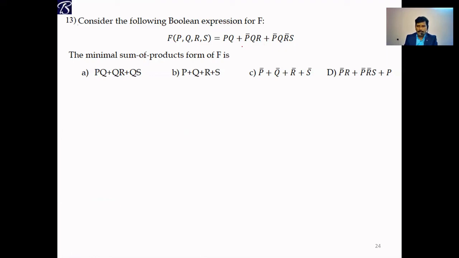Very simple. One method you can apply directly, the Boolean algebra. If you see these two terms, how can you write here? PQ plus P bar Q into R plus R bar S, right?